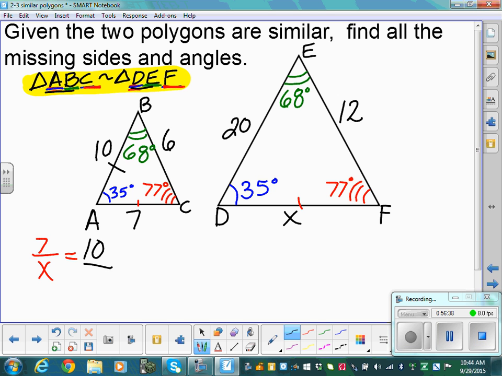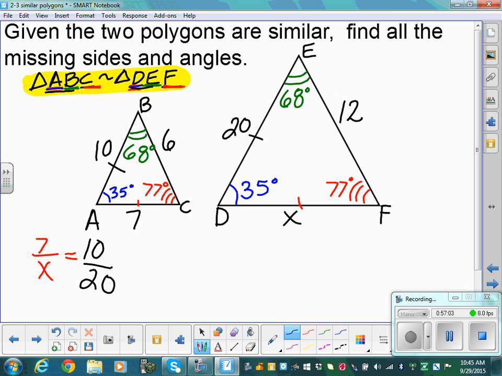These two sides are corresponding. I chose to go from small to big. Now I could have used 6 and 12 instead of 10 and 20. I just randomly chose 10 and 20. Those are corresponding sides. Does that make sense? And now I can solve for X.